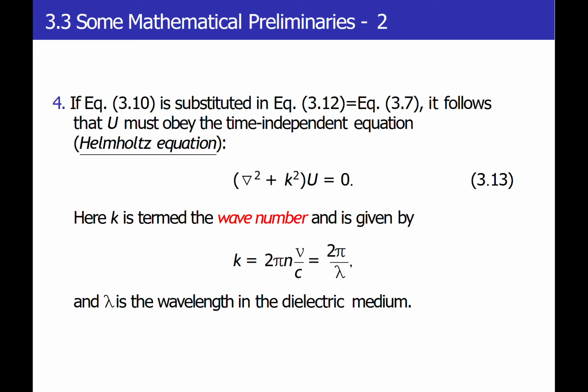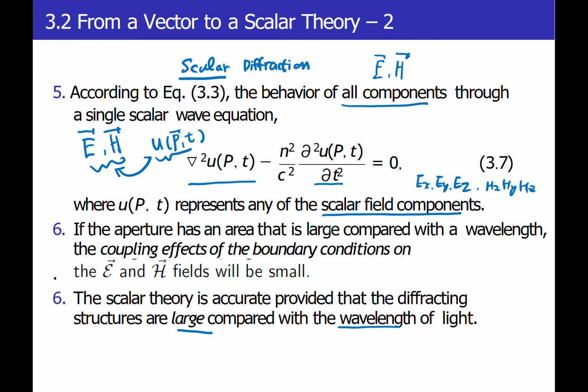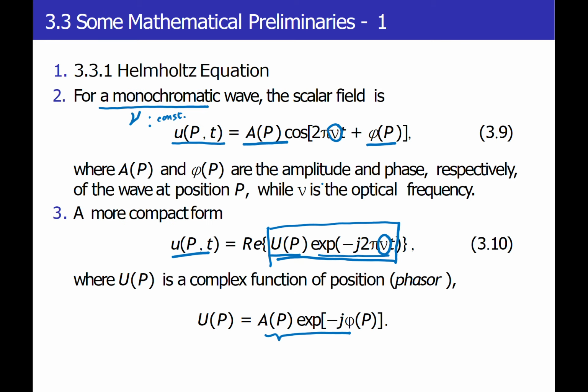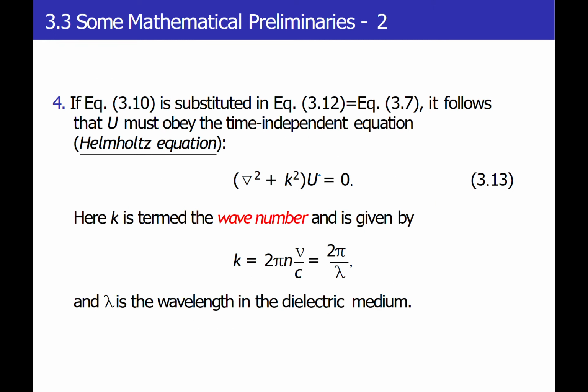And then when we put these equations into the wave equation, the time dependence drops out, and we get this. This is called the Helmholtz equation, as we know.